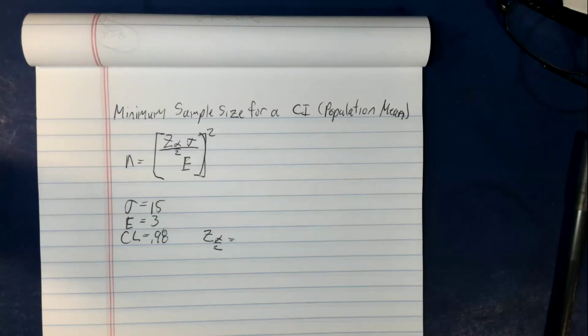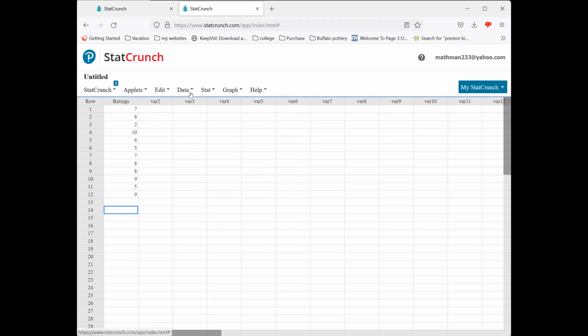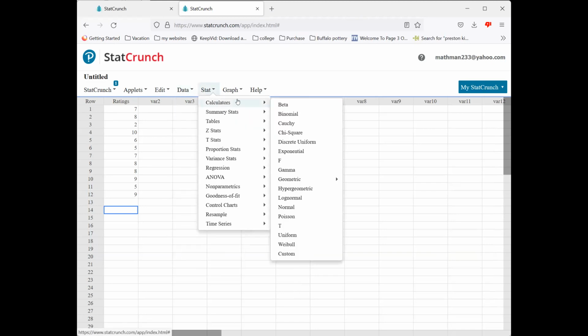I've got to do something separate for this. Here we go. For this one, we're going to go to Stat, Calculate, and Normal. Remember, they're giving us the population standard deviation, so we are going to be working with the normal distribution on this one.